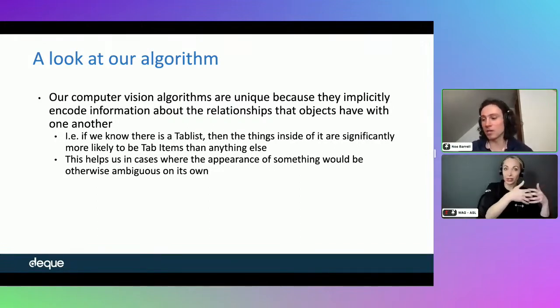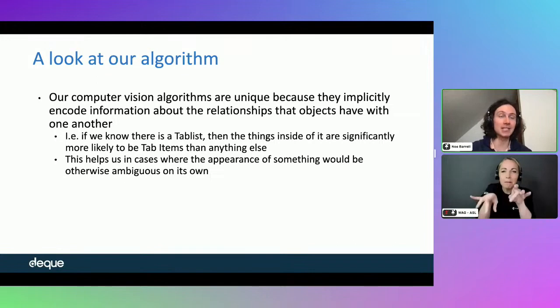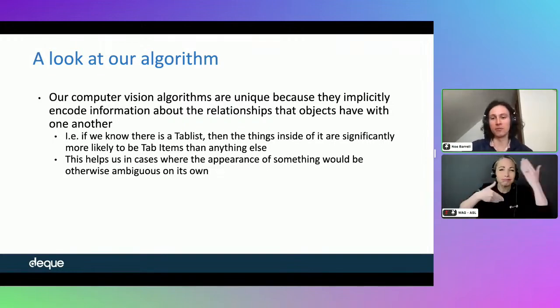And so this has helped us significantly in our detection capabilities. Like I said, the selected tab example is probably the easiest to understand, but there's a lot of other places where before, when we weren't using this approach, we just weren't seeing the best detections. And then once we implemented this approach, we were all of a sudden seeing much more consistent and reasonable detections coming out of our neural network.